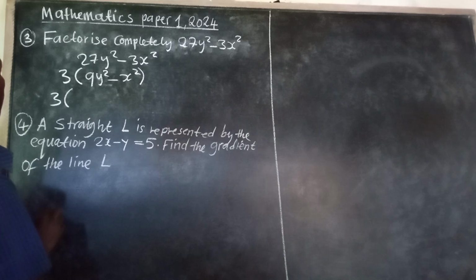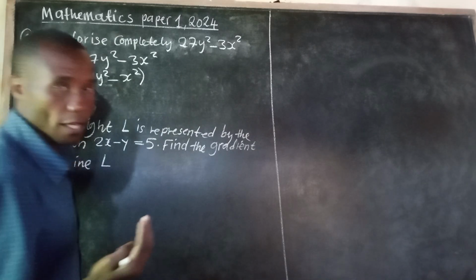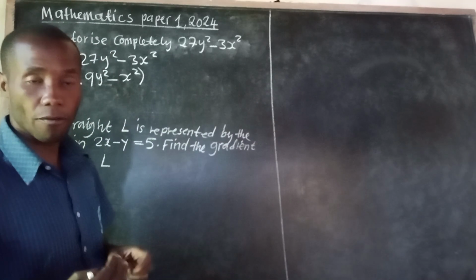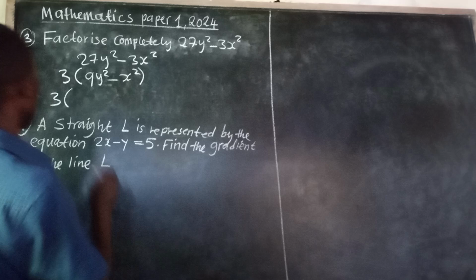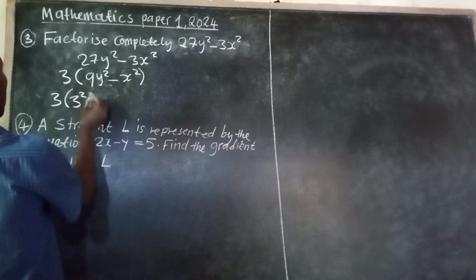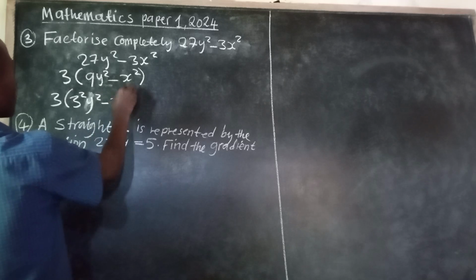Then this 9 is going to be written in index form. What do I mean? This is a perfect square number, therefore it can be written in index form, since 3 squared is the same as 9. Then y squared minus x squared.